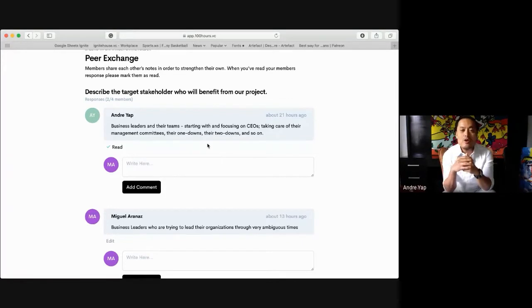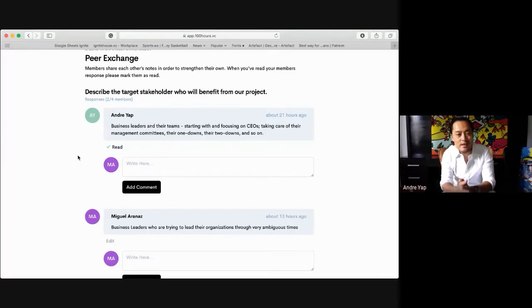Okay, so let me take you through our first example for this stop. Again, the stop is about describing the target stakeholder who will benefit from our project. In our case, we were sitting in Pali, no, on a beautiful Thursday morning, and we knew the world had changed for good, right?